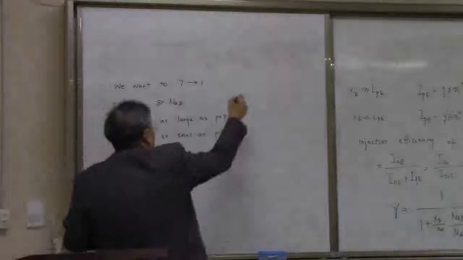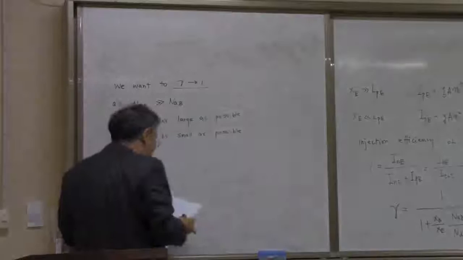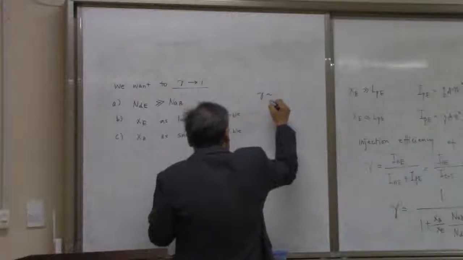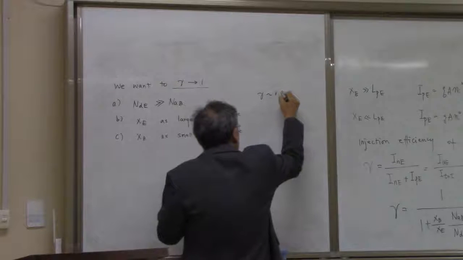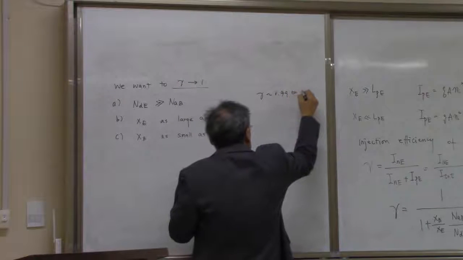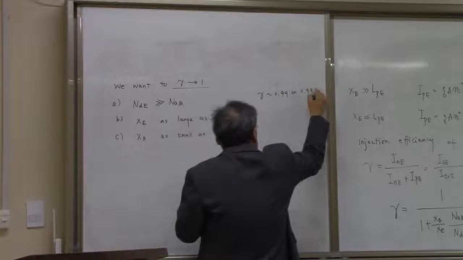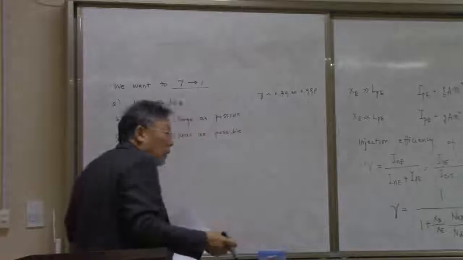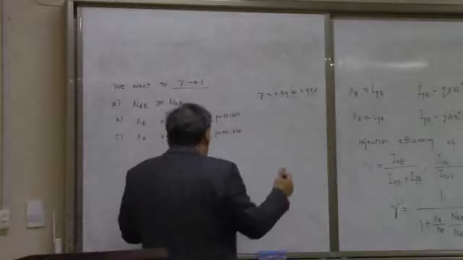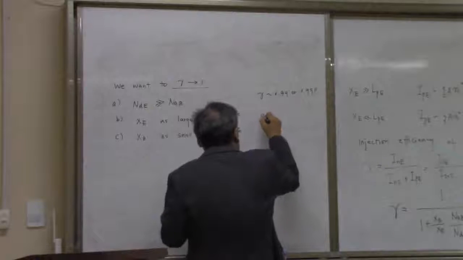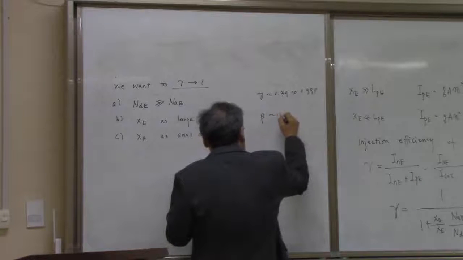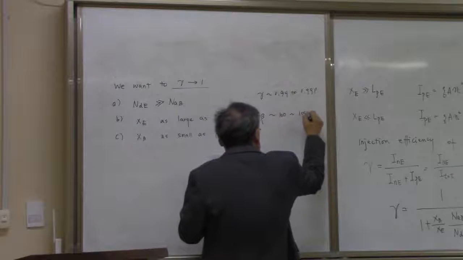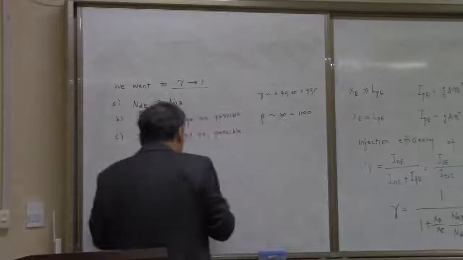That's how we can make gamma close to 1. In modern technology, typically, gamma is close to 0.99 to 0.999, depending on the technologies. And this means the beta value approaches 100 to 1000.